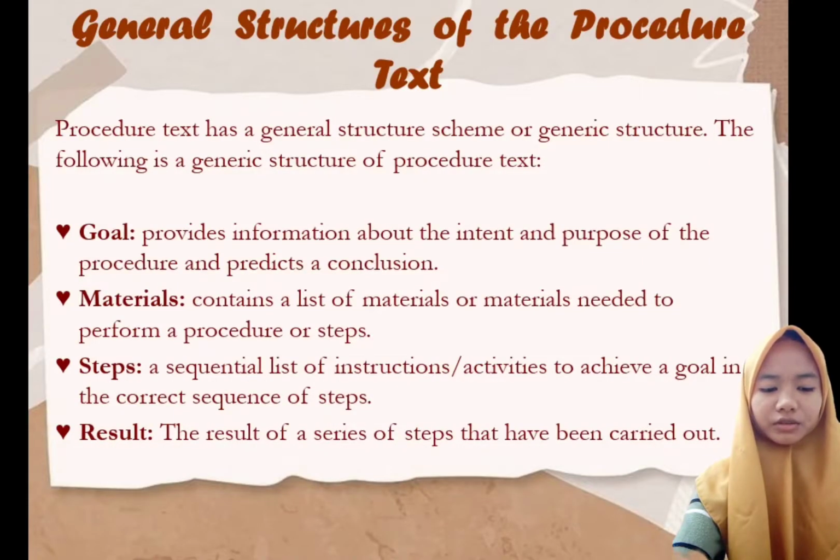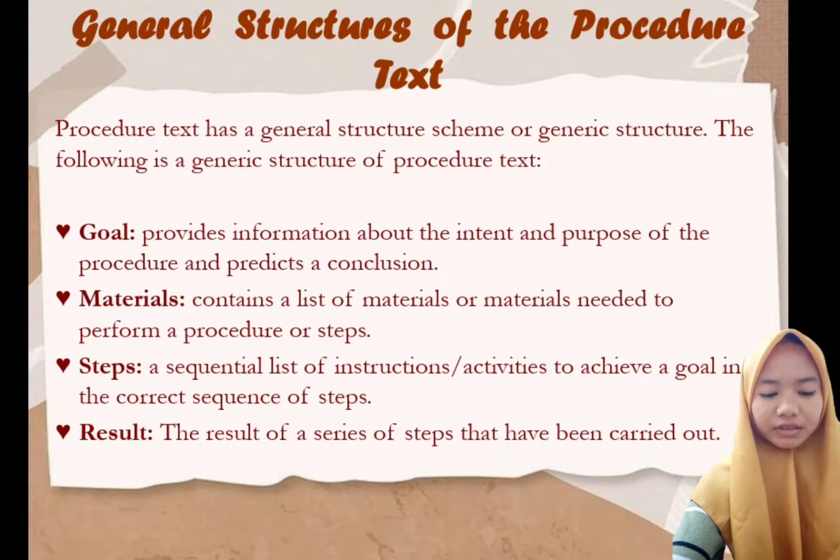General structure of the procedure text. Procedure text has a general structure scheme or generic structure. The following is the generic structure of procedure text. Goal: provides information about the intent and purpose of the procedure and predicts a conclusion.